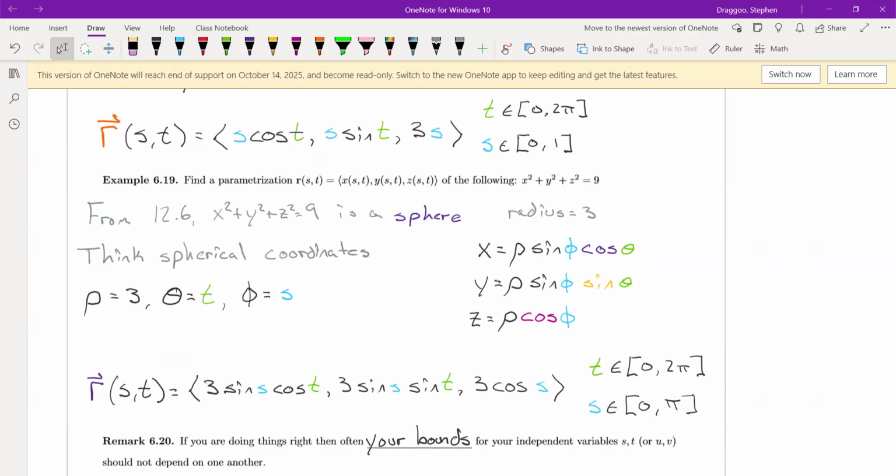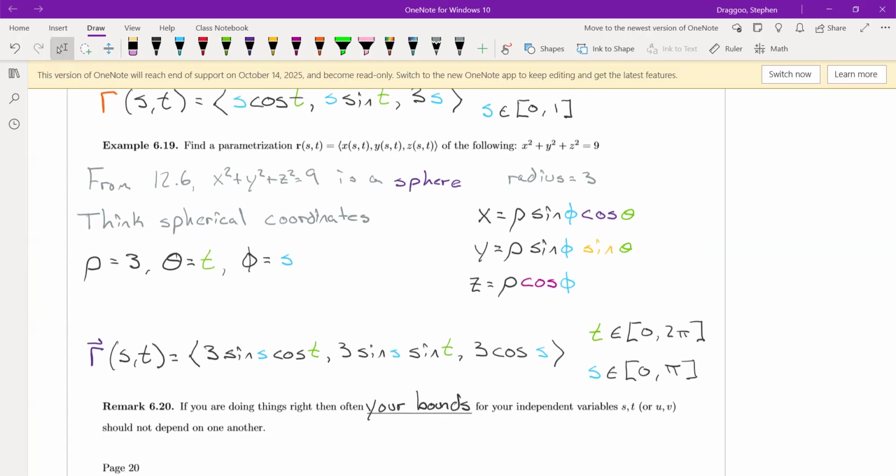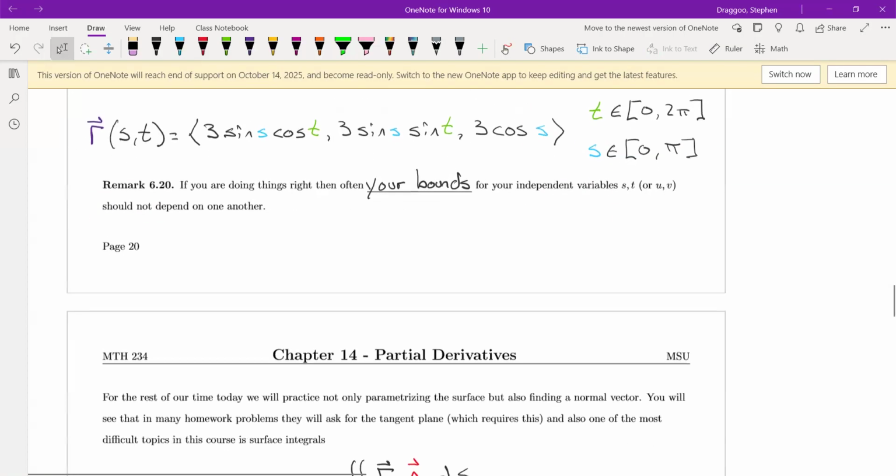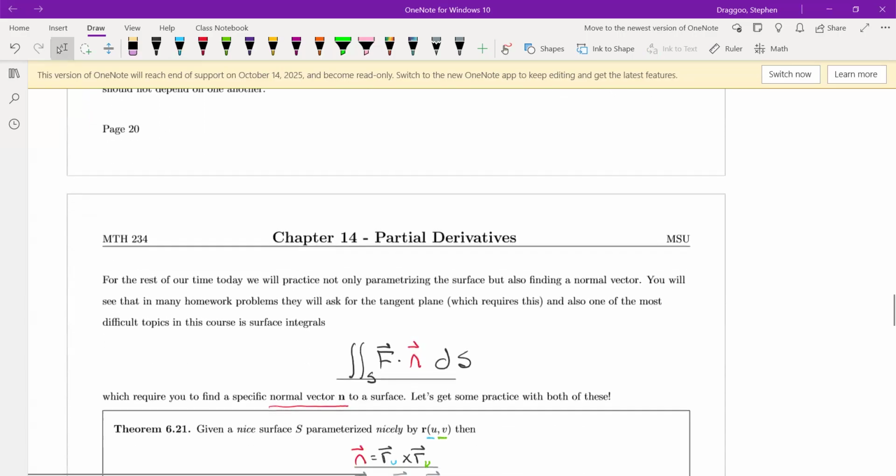Most of the time when we put these parameterizations together, our two parameters will be independent of each other, as when we're typically constructing an x, y, z space, x, y, and z are all independent, or oftentimes they are. Particularly if we've got a function where z is a function of x and y, then the parameters x and y are independent of each other frequently. It's not always the case, but it's nice when it works out that way.